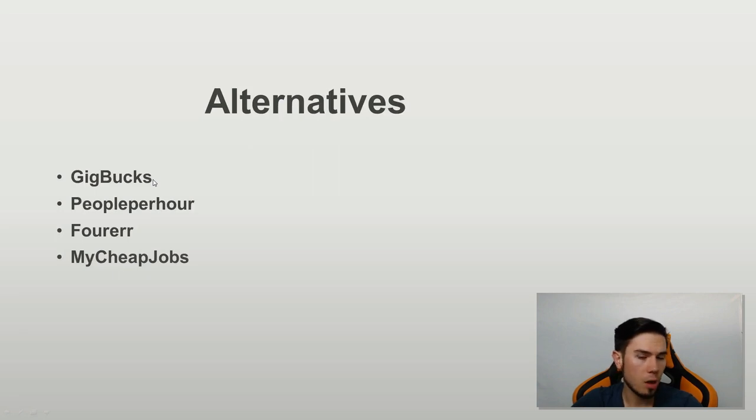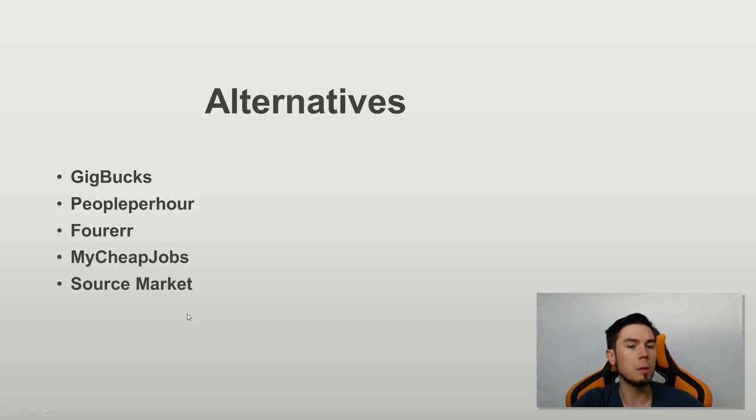My Cheap Jobs, another one. Source Market, this is another one, guys. So all these 5 websites can be in your portfolio, and when you upload a service on Fiverr, you can upload that same service on Gigbucks, People Per Hour, My Cheap Jobs, Source Market, and everywhere, guys.